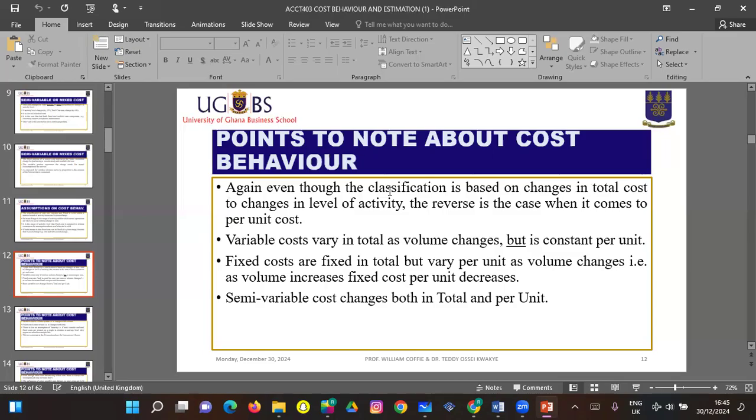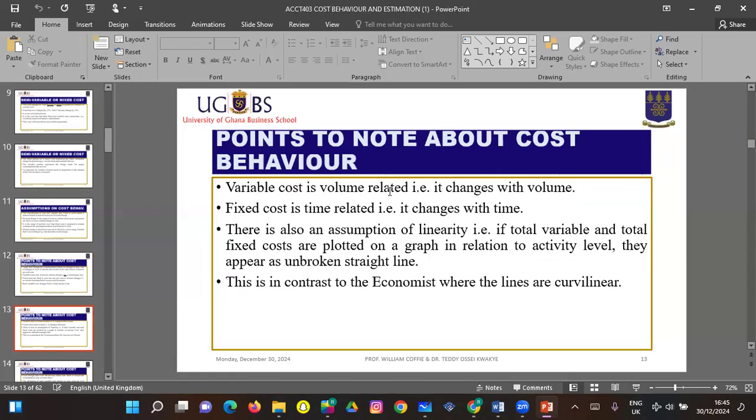Fixed costs are fixed in total, but per unit, as volume changes, as volume increases, fixed cost per unit decreases. Some variable cost changes both in total and per unit. So variable cost is volume related, that is, it changes with volume. Fixed cost is time related. It changes with time.